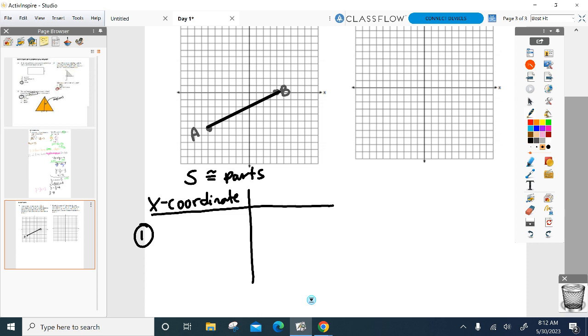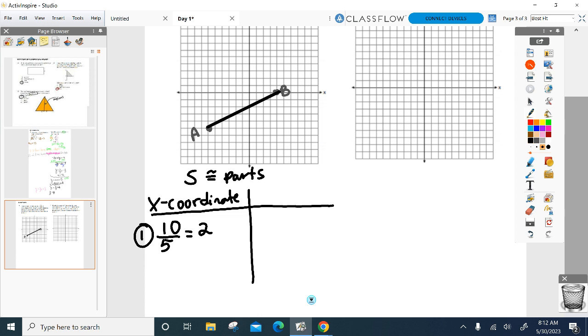Okay, so that's a distance of 10. You divide that, because I have to cut it up into 5 congruent parts, I divide that distance by 5. I'm going to cut it up into 5 congruent parts. So that tells me every time you want to cut it up into an equal part, you go 2 units every time. Not far from done yet.